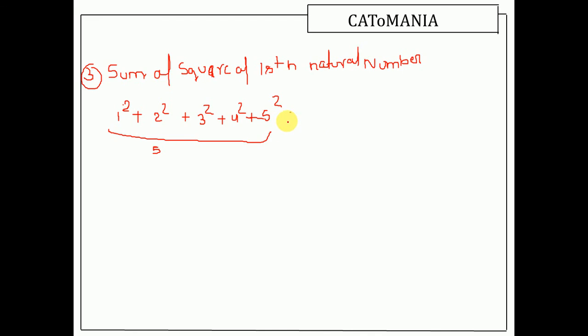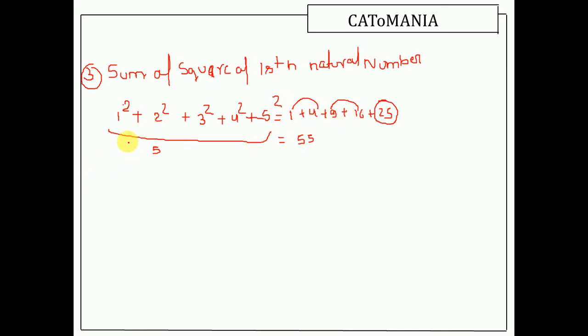If we are going to find this value, we can do it by two methods. First is we can do it manually: 1 plus 4 plus 9 plus 16 plus 25, and this will come to 55, because 25 is alone, and this will again come to 25, and this will come to 5. So 25 plus 5 is 55.